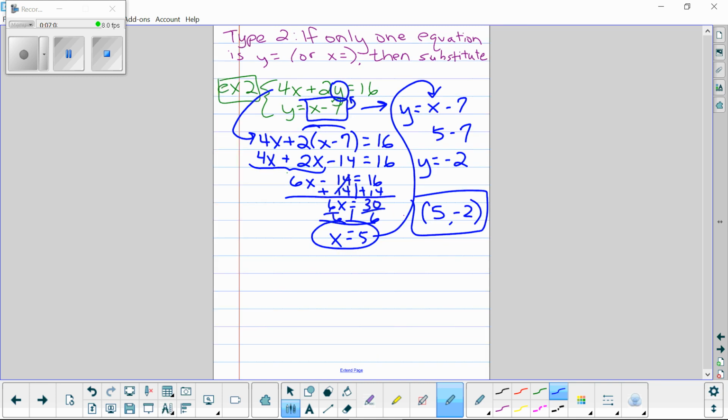Okay, so next, I'll give you an example. My suggestion would be to pause the video and see how much you can do on your own. So example 3 is going to be 3x plus 2y equals 32, and y equals 4x minus 6.